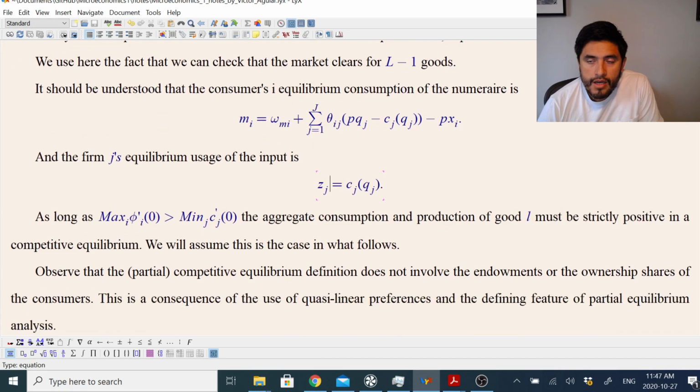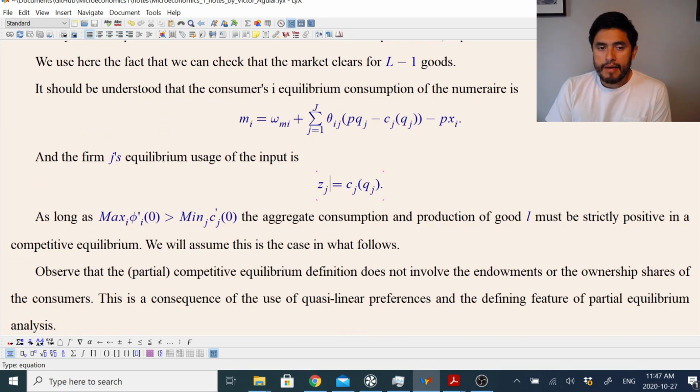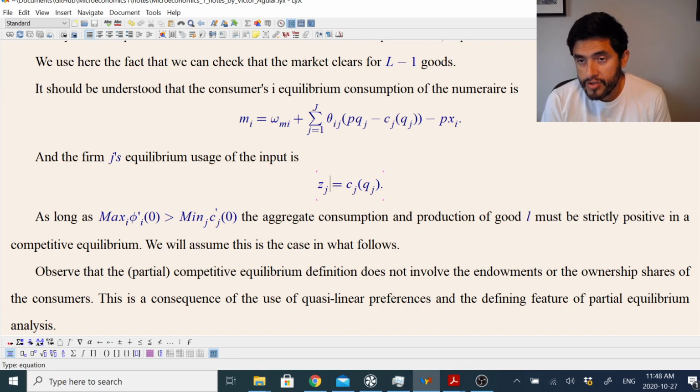Now, one of the first problems that we like to tackle in this mathematical problem is to know whether there is a solution to such a system of equations. It can be the case that you don't have a solution. So then I will ask you, right, why is it important to have a solution to this system of equations?